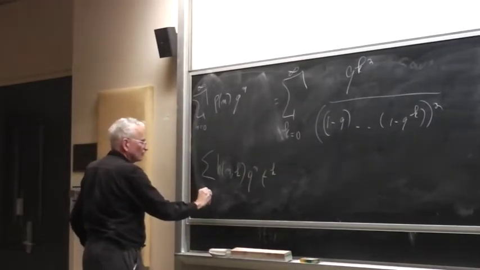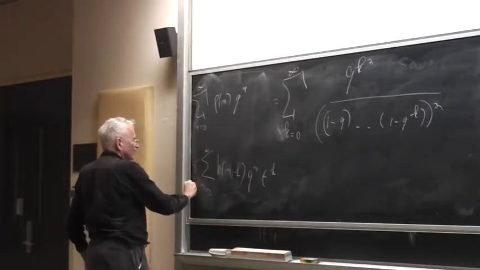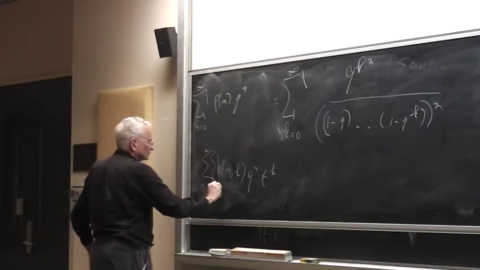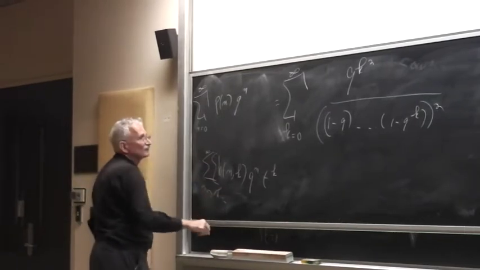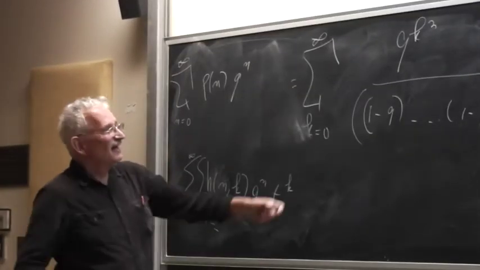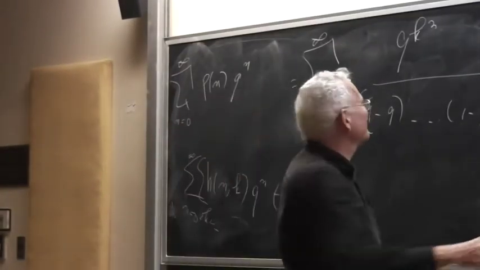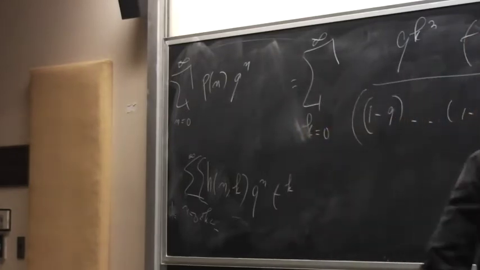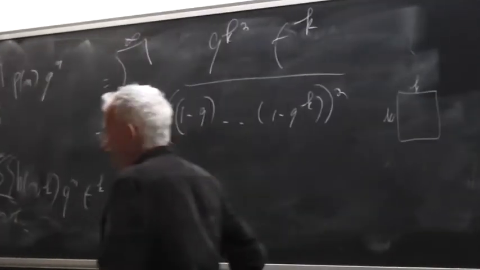And n goes from 0 to infinity, and of course k goes from 1 to square root of n. Put that in. A slight modification gives you this. Obviously, because whenever the Durfee square has size k, I want to give it weight to the power k.